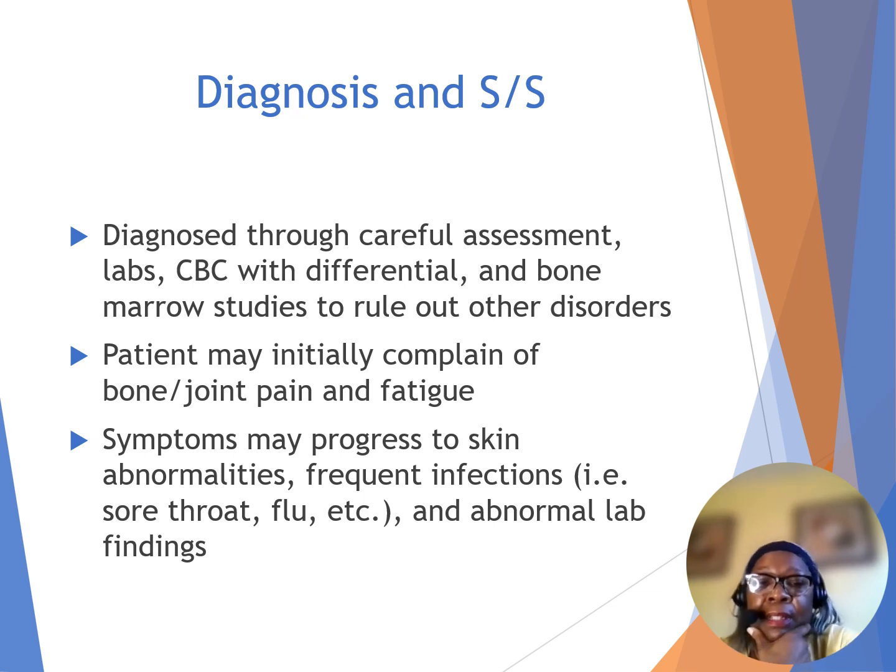Symptoms can progress to skin abnormalities, frequent infections, usually flus and sore throats, and abnormal lab findings. Other symptoms may include fever, headaches, pallor, weakness, malaise, swollen lymph nodes, enlarged spleen, and easy bleeding or thrombosis. So again, you gotta think safety by preventing infection and bleeding with these patients.